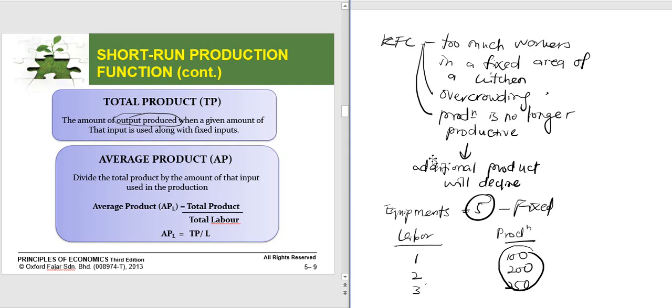In this case, you can calculate the average product. 100 divided by 1, you get 100. 200 divided by 2, you get 100. 250 divided by 3, the average is 83 pieces. So you get the number of pieces of chicken that a certain labor can produce on average. That is the average product.